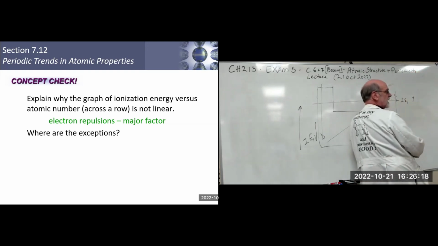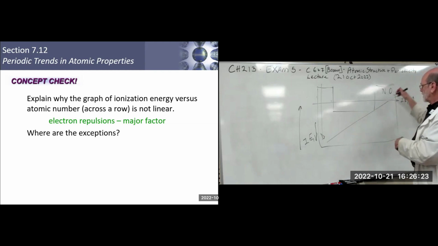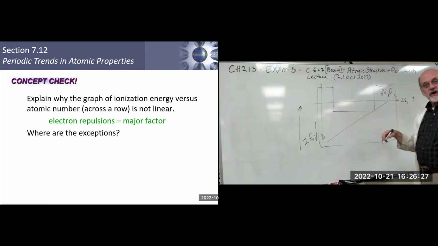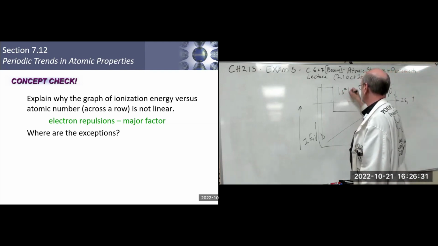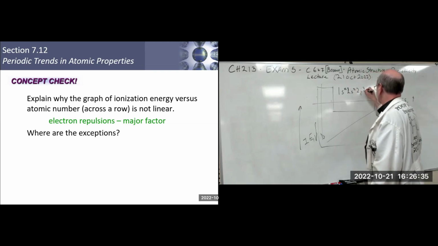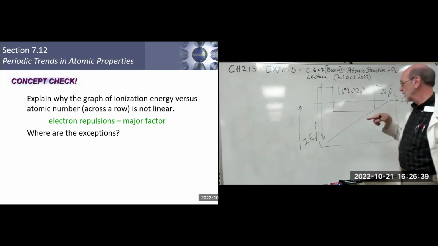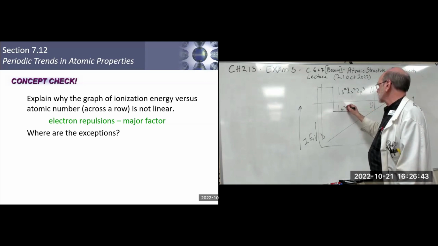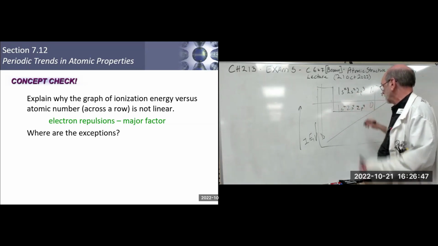If we're going nitrogen to oxygen, nitrogen has 7, oxygen has 8. So what's the electronic structure of nitrogen? Well, nitrogen is 1s2, 2s2, 2p3. That's nitrogen. Oxygen is 1s2, 2s2, 2p4.